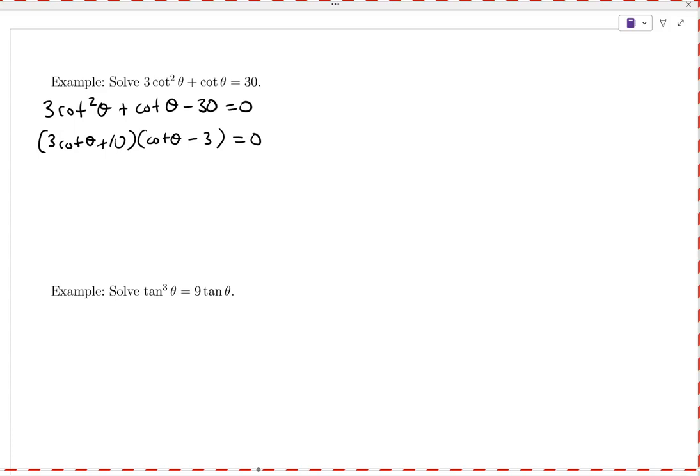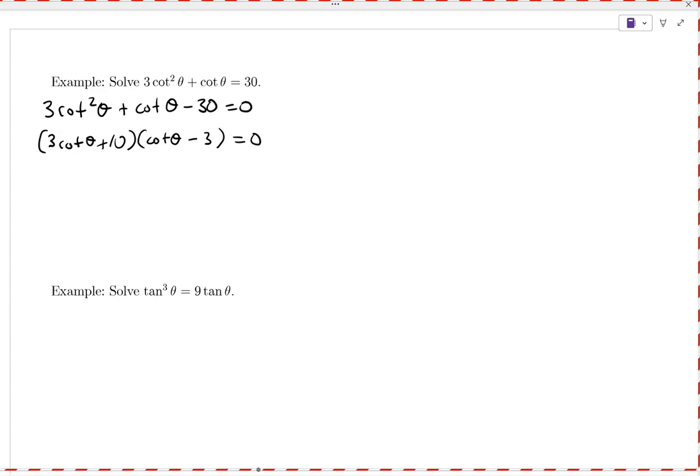So this always works, by the way, if you do it this way. This is what's called the AC method. So if you don't see how it factors right away, try that. Multiply those two numbers together and see if you get factors of this that add to that, and then do this factor by grouping. Like I said, it's a nice little way to do it.